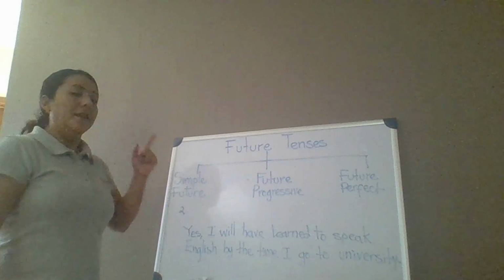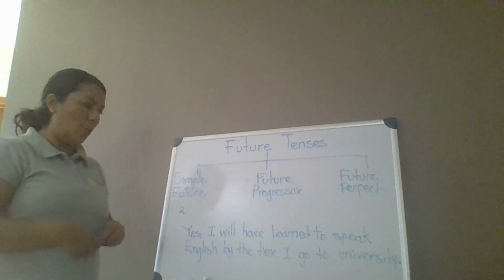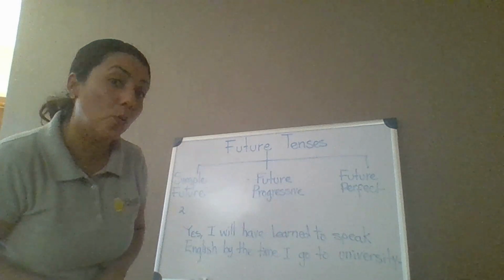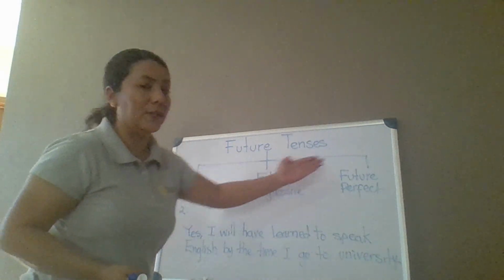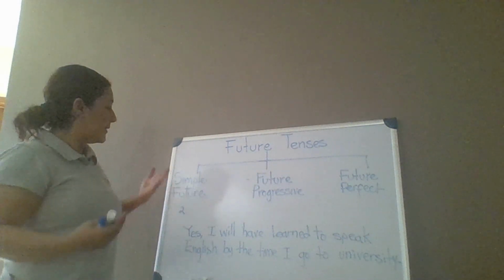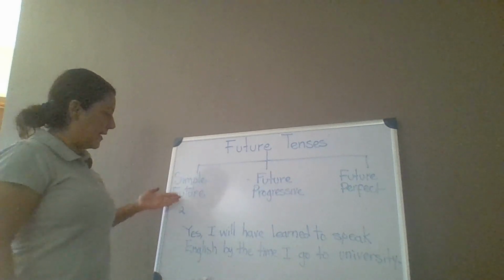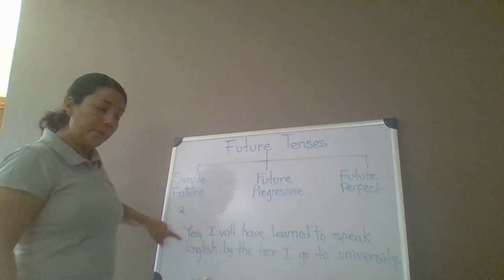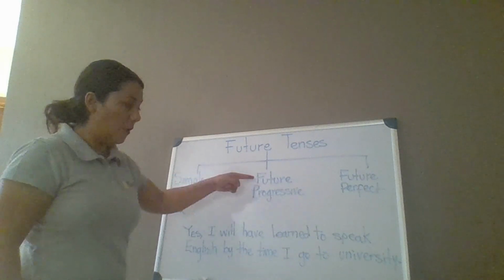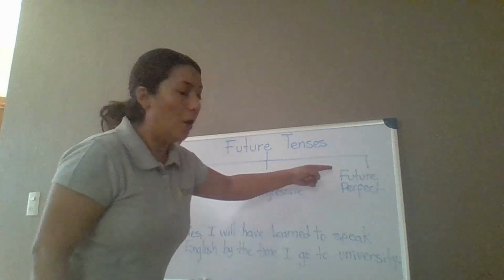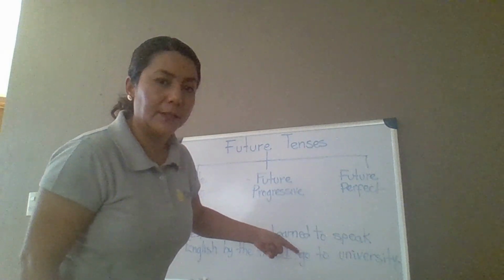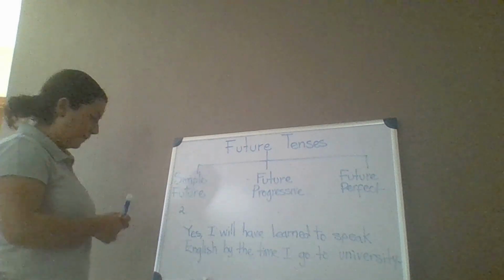All right? Now, the first thing we have to identify is what? The tense. Correct. Is this answer in simple future, or in future progressive, or in future perfect? Let's see.